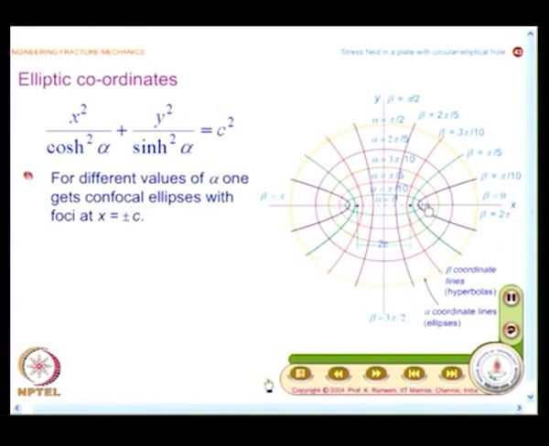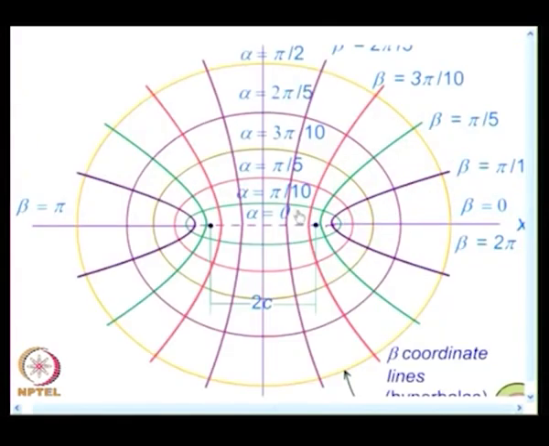These are shown here. I could also zoom in and then show you the confocal ellipses. So, when you specify what alpha is, you define the boundary of the elliptical hole.